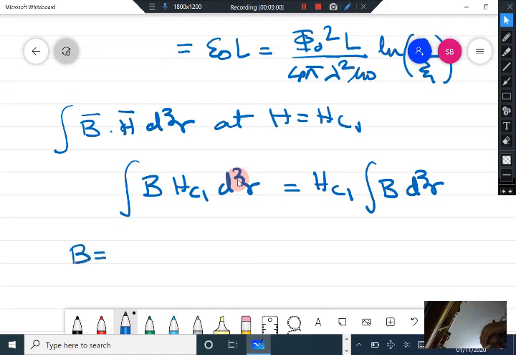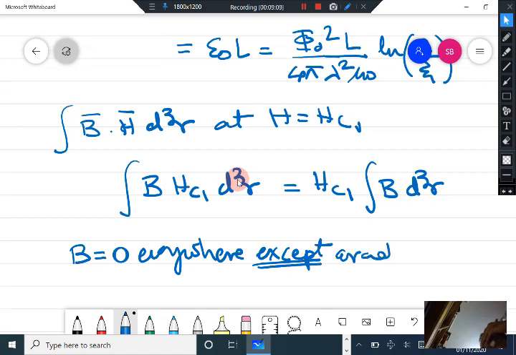Remember, B is equal to 0 everywhere except around the vortex.